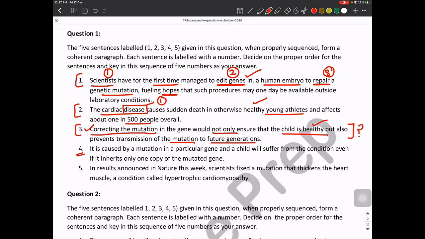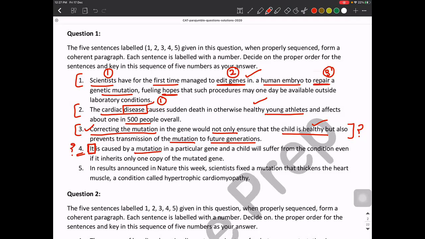In the fourth option, it is said, it is caused by a mutation. Now here you can see it is a pronoun. What is it here? You need to focus on all the other options to refer this it to a particular sentence. It is caused by a mutation.